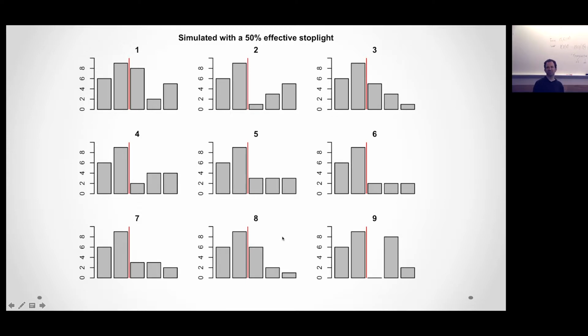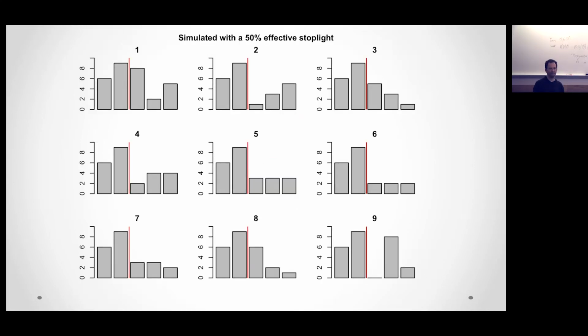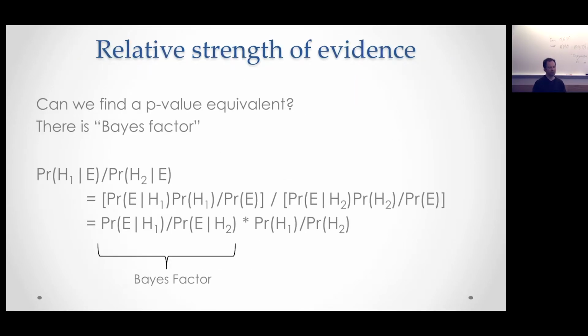Then we're going to ask what is the ratio of where we saw fewer accidents to where we didn't. So what we're actually computing is the ratio of the probability of hypothesis 1, the stoplight did nothing, to hypothesis 2, the stoplight cut accidents in half.